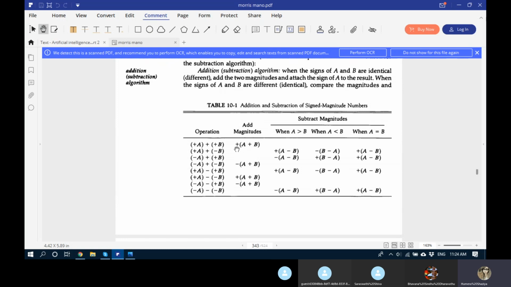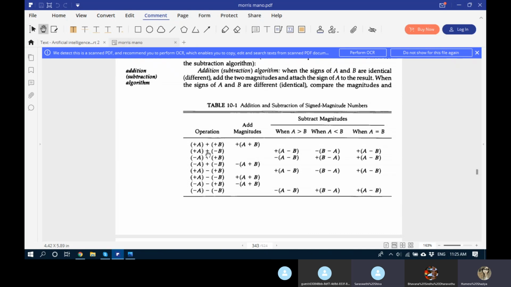Plus minus, when it is an addition operation and the signs of these two operands are different, then the operation you are performing is minus, not plus. Subtraction.